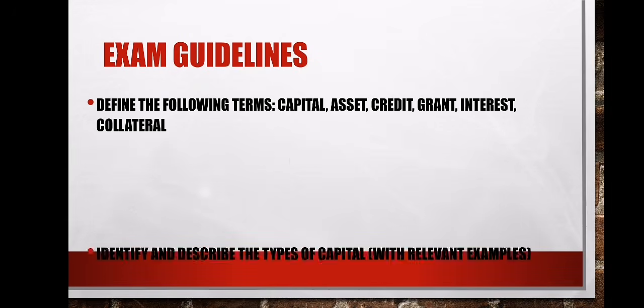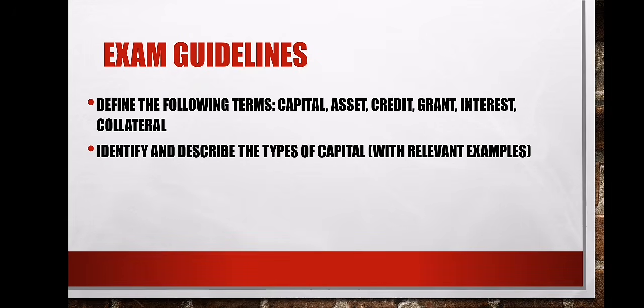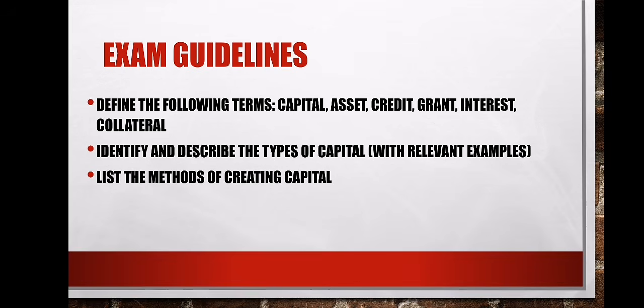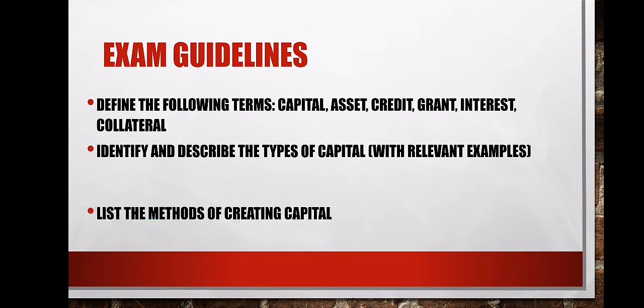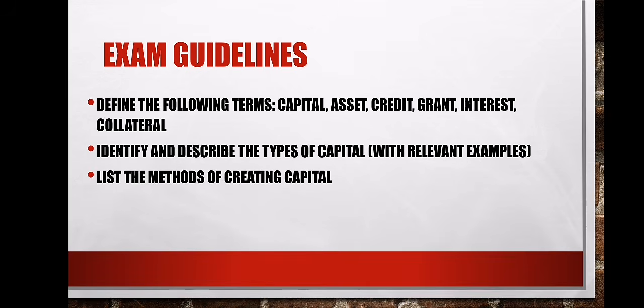We will then look at the different types of capital. When we look at the different types of capital, we must be able to provide relevant examples for those different types of capital. Before we get to the sources, we have to talk about the methods of creating capital.